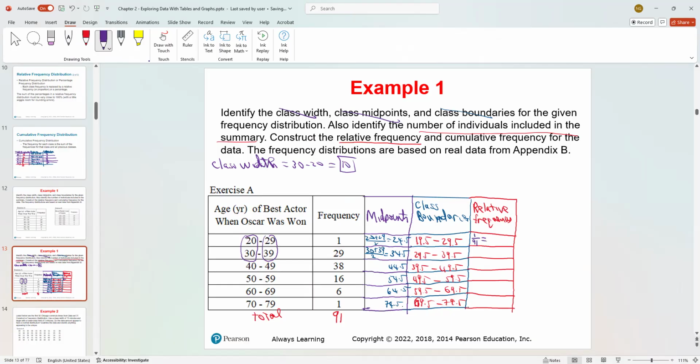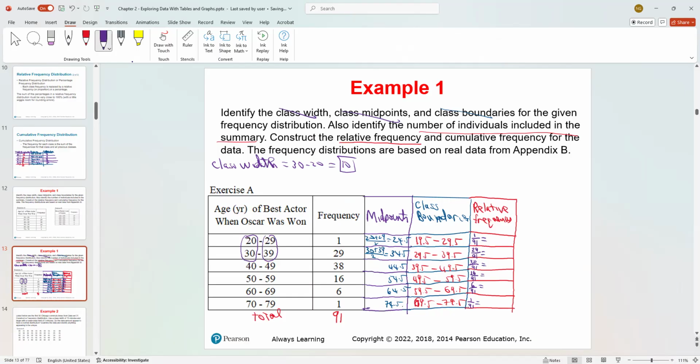Then 29 divided by the total, 38 divided by the total, 16 divided by the total, 6 divided by the total, and 1 divided by the total, right? So we're going to do it this way. Very important to use it that way.